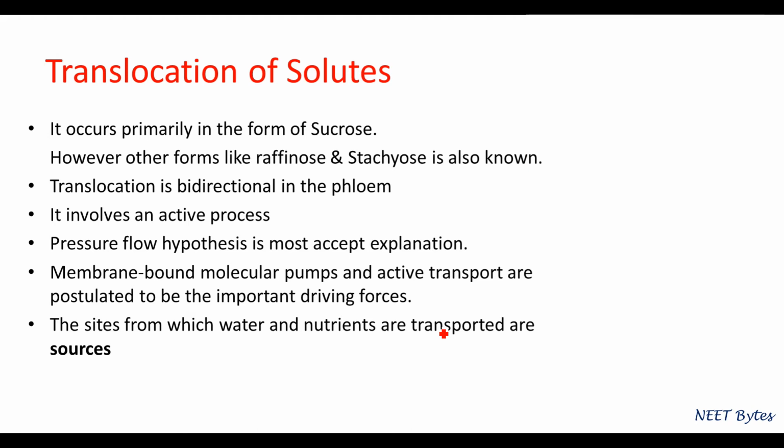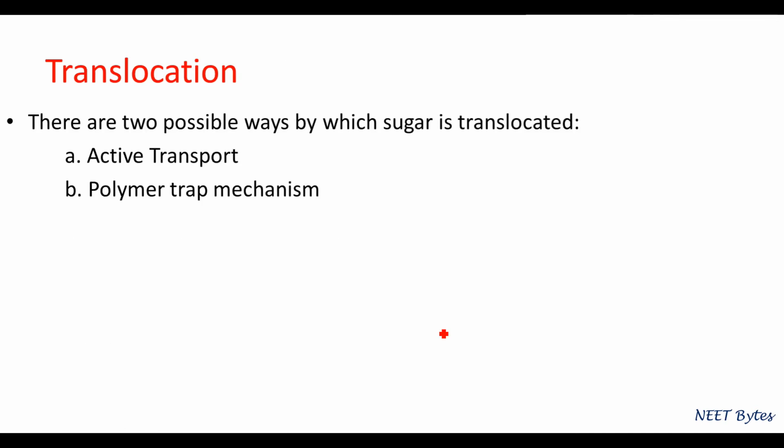There are two possible ways by which sugar is translocated: one, active transport, and second, the polymer trap mechanism. The sugars are actively transported into sieve elements, and of course here energy is involved. But in some species, phloem is loaded by the polymer trap mechanism.